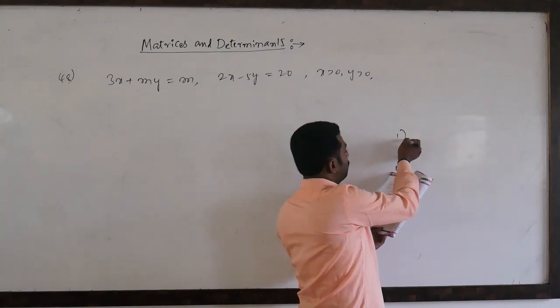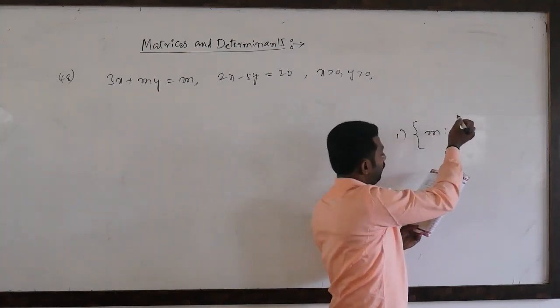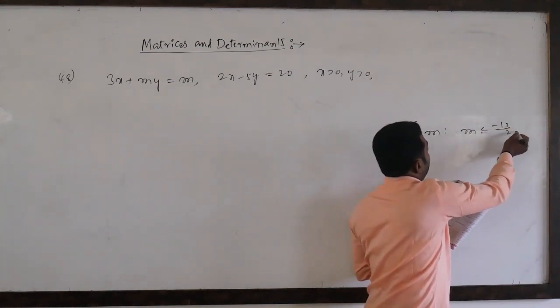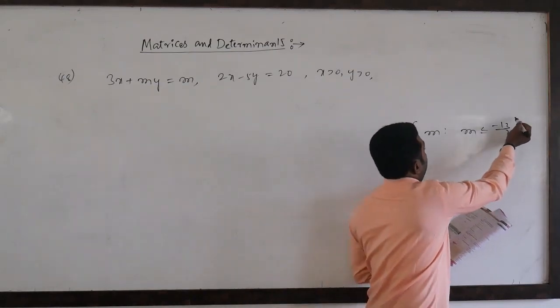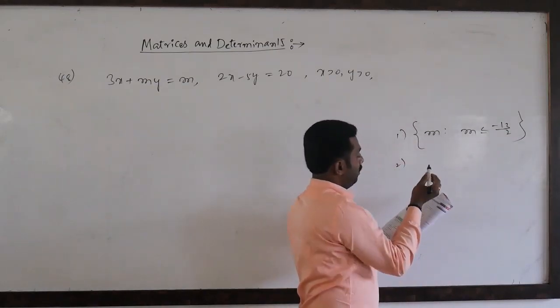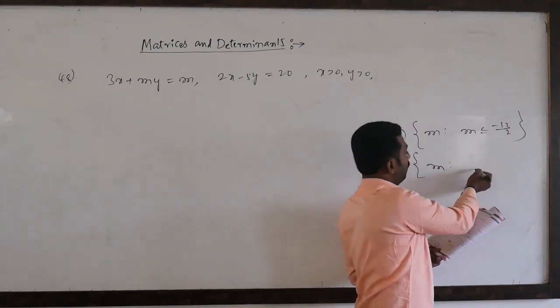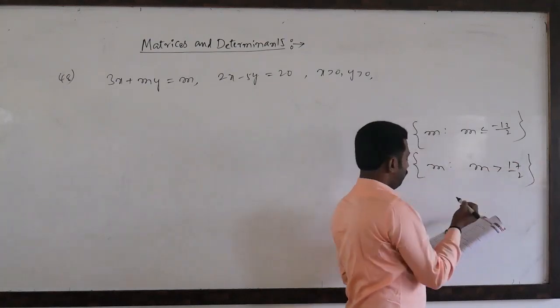First option: m such that m is less than or equal to -13/2. Second option: m such that m is greater than 17/2.